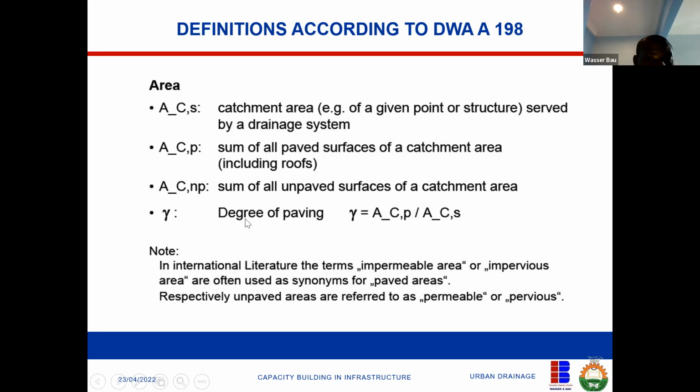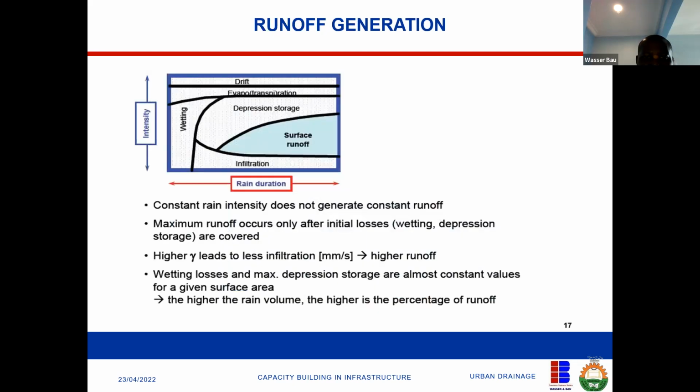So the degree of paving, which is just like the runoff coefficient, will now be the area paved over the area unpaved. Don't worry, we'll explain that further as we go deeper.